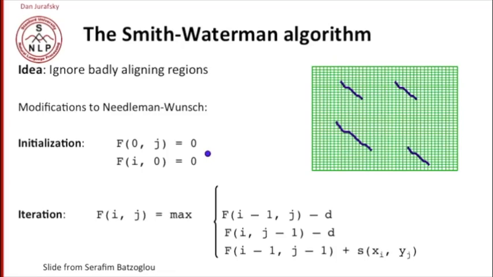And now we're going to make one more modification, which is that in each cell, when we're looking at the possible places we could come from to choose the alignment, we're not only going to pick the maximum of the 3 previous cells, but we're also going to add a maximum of 0. So since in biology we're talking about maximizing similarity, when things get very different and we have a very negative score, we're just going to start all over again from 0, allowing ourselves to just throw away regions that don't align at all.